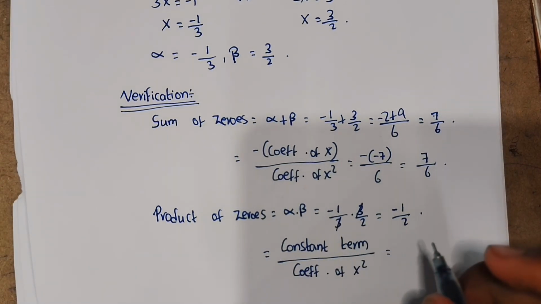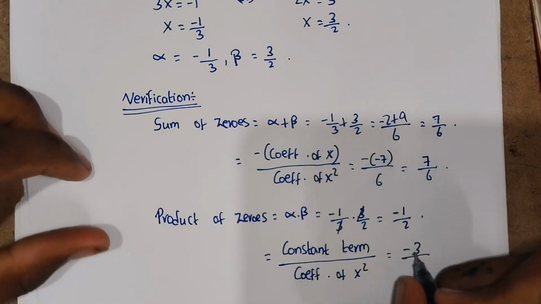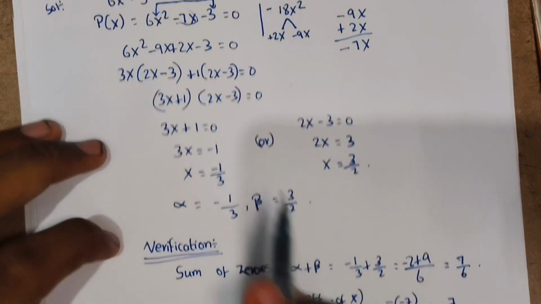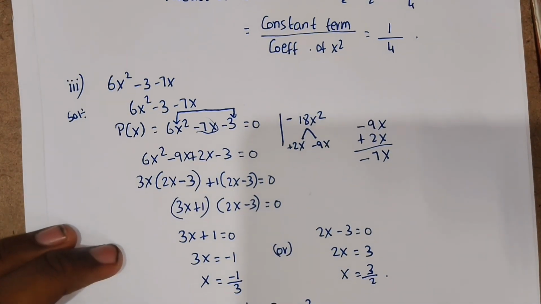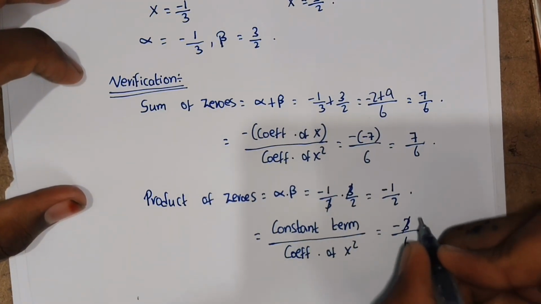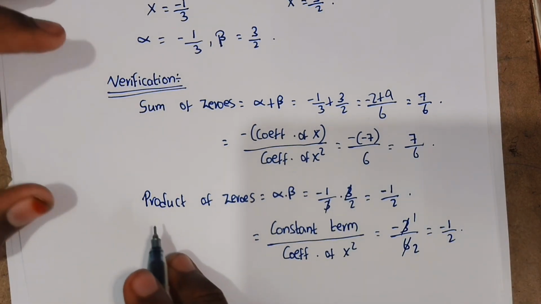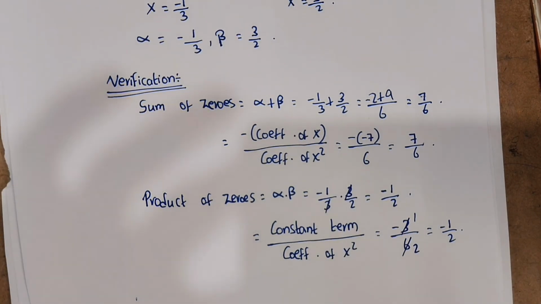What is the constant term here? Minus 3. Minus 3 by, what is the coefficient of x square? 6. So minus 3 by 6. 3 1s are 3, 3 2s are 6, equals minus 1 by 2. Also we got the product of zeros, both are equal.